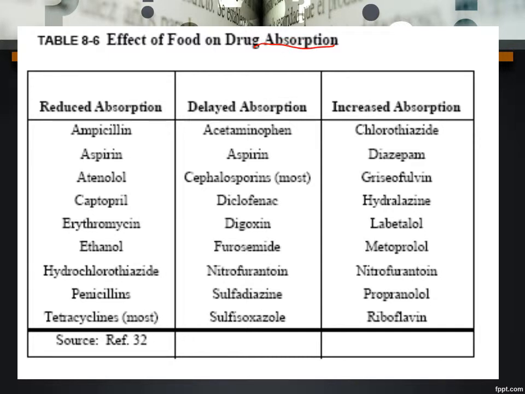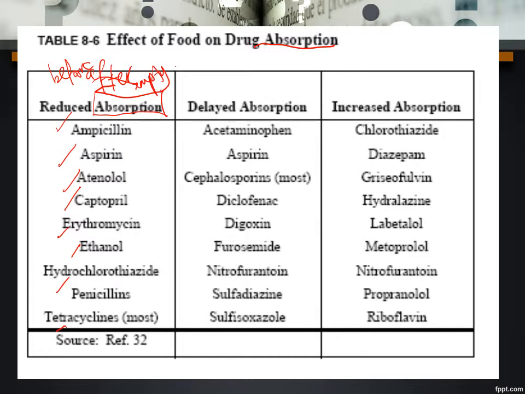The drugs that will experience a reduction in absorption after being taken with food include ampicillin, aspirin, atenolol, captopril, and so on and so forth. Since they have reduced absorption, usually you take them before meal, or on an empty stomach.